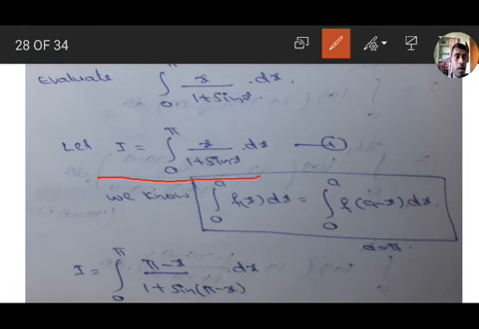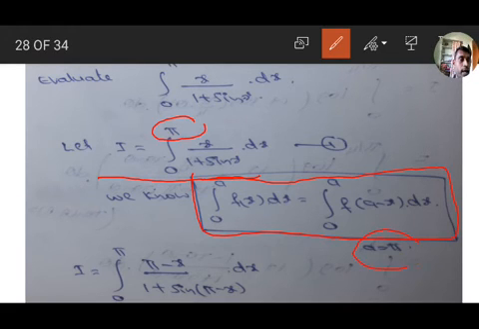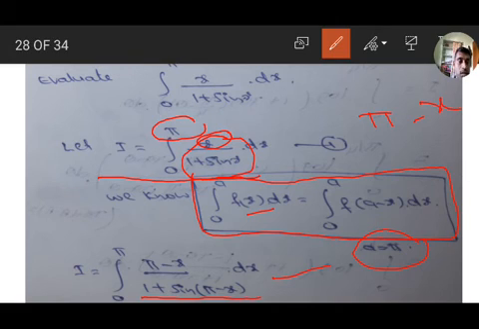We know the same property, integration 0 to a f of x dx equal to integration 0 to a f of a minus x dx, where a equal to pi. We have to substitute a minus x, meaning pi minus x, in the place of x. The function f of x is x by 1 plus sin x, so in the integration we substitute pi minus x. So we get I equal to integration 0 to pi of pi minus x by 1 plus sine of pi minus x.